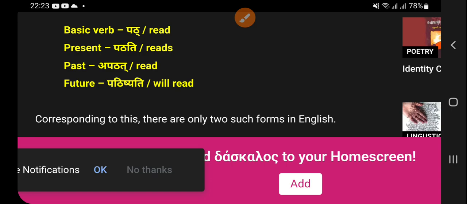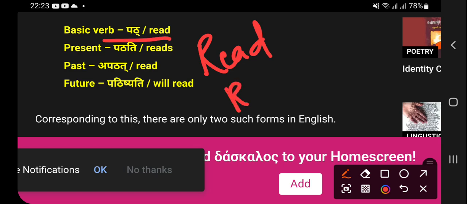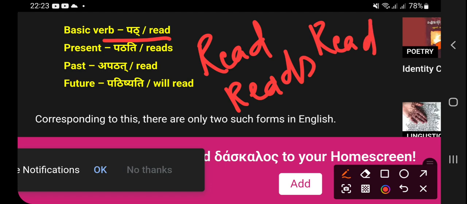And in English also, the basic form is read, then he reads, then the past tense is read, the spelling is the same, and will read is the future.